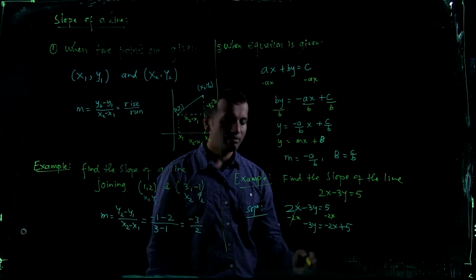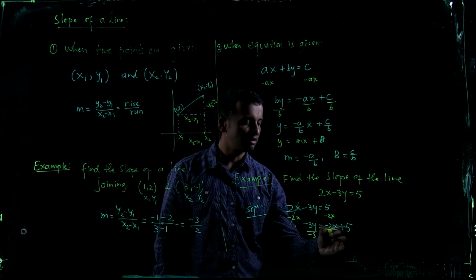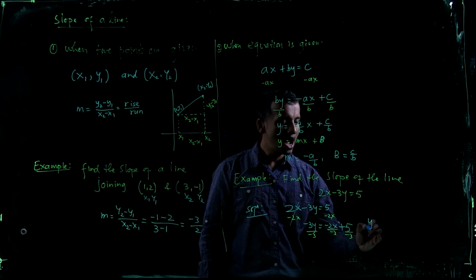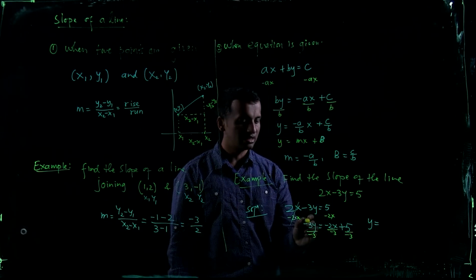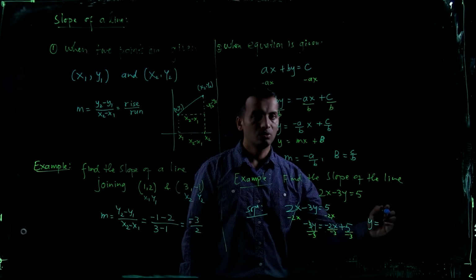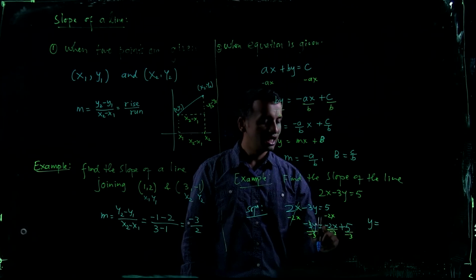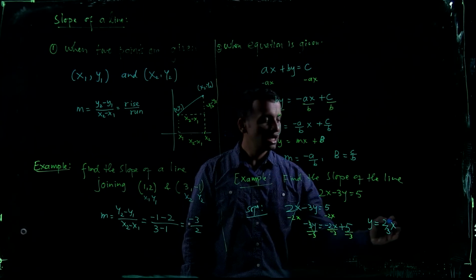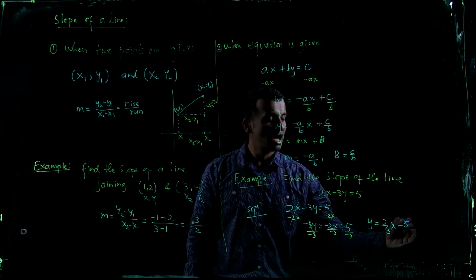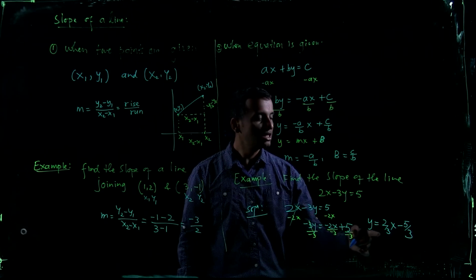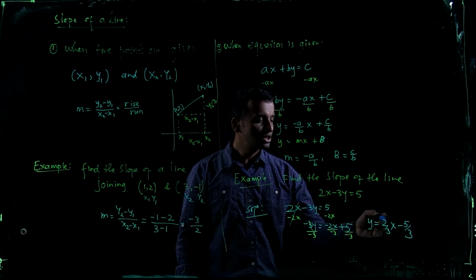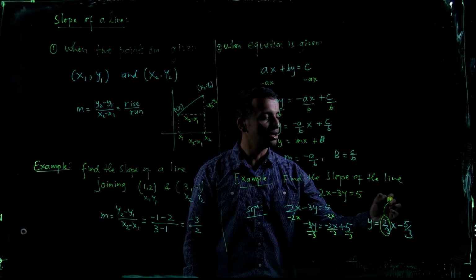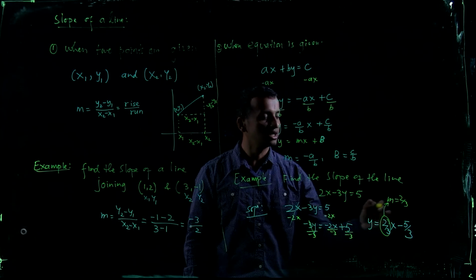The next thing is you divide by negative 3 on every term. So you get y equals, because you cancel the 3 and 3, negative 2 over negative 3, which is 2/3 x, and then minus 5/3. So here the slope is 2/3. m equals 2/3 in this case.